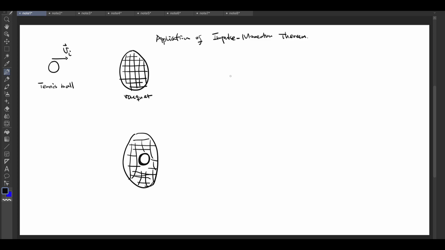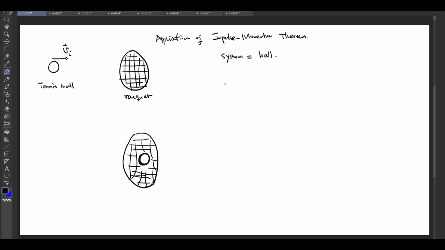The strings on the racket, of course, will apply a force on this tennis ball. So our focus, or our system, is the tennis ball, and we are studying the force acting on the tennis ball.